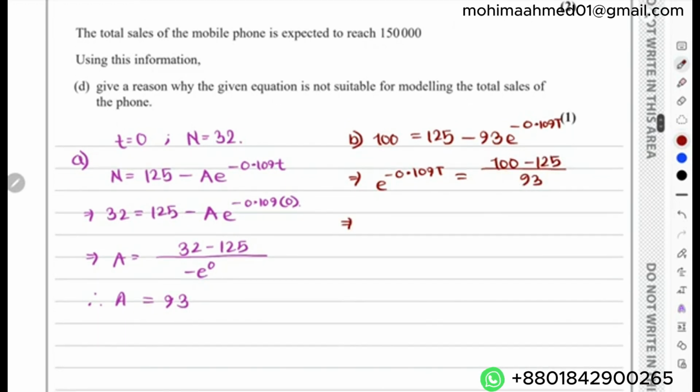Then if you take this exponential to the right hand side, you get ln of 100 minus 125 divided by minus 93, and this entire thing will be divided by that power, which was 0.109.